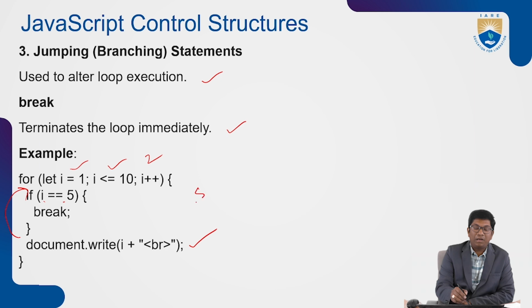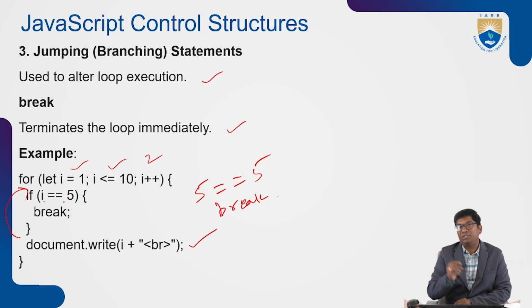Whenever the i value is 5, we are checking with the if condition, then it will break. It will stop the process. It will not go for the next iterations, that is 6, 7, 8, 9, 10. So it will break the iteration. If the condition is satisfied, it will terminate the process. Otherwise, it displays the output. That is the break statement.